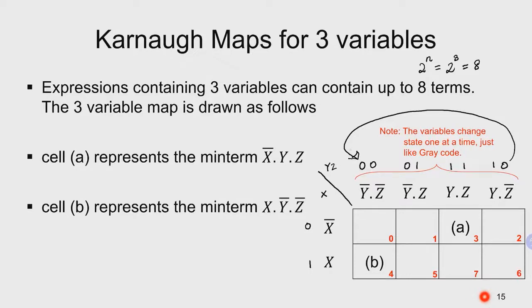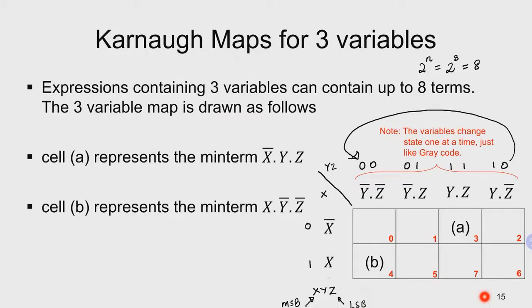So here I list down the index related to the normal binary number. If I list my variables as x, y, and z, where x is the most significant bit and z is the least significant bit, you can write down the binary number of x, y, and z.